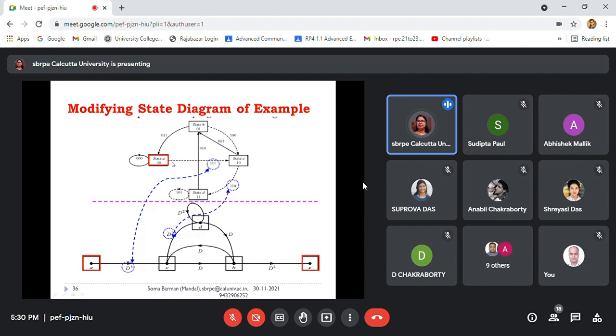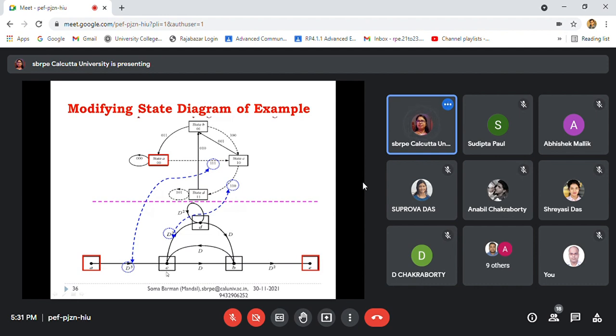The dashed line means one input, and the output branch is showing 1, 1, 1. Clear? So from the initial state A, for the one input, it is going to state C. I am straightening the path.